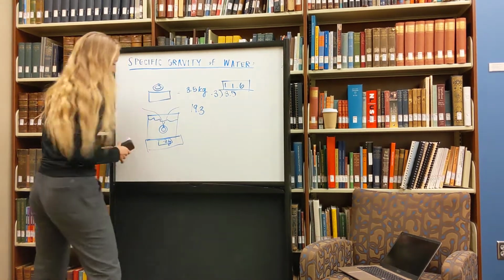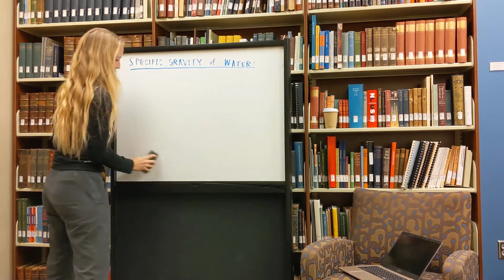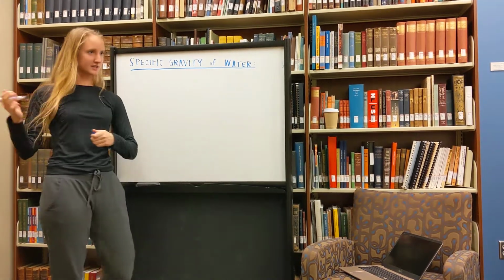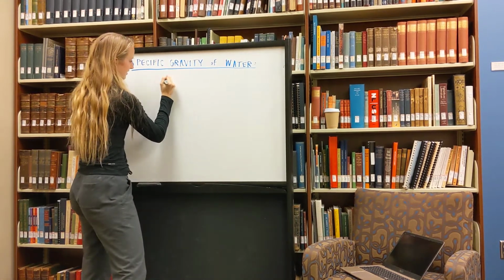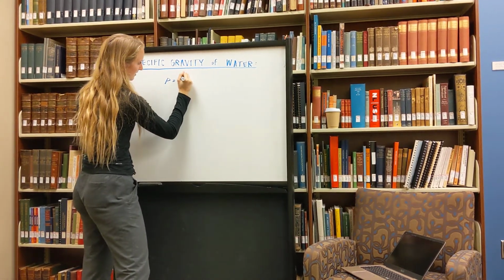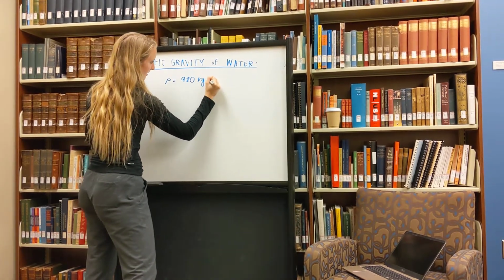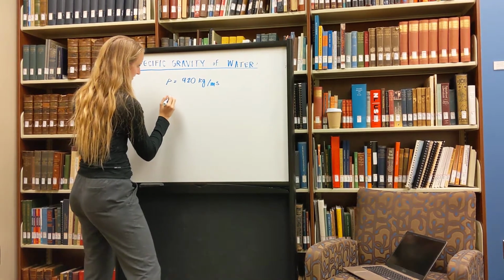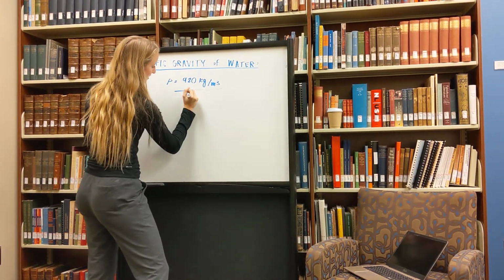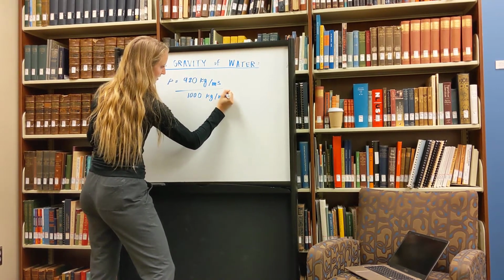So lastly, the last principle I want to talk about is ice. Ice has a density of 920 kilograms per meters cubed. Now we remember that water has a density of 1,000 kilograms per meters cubed.